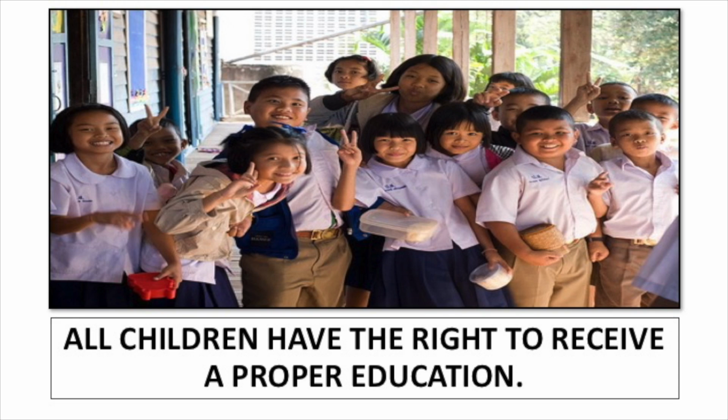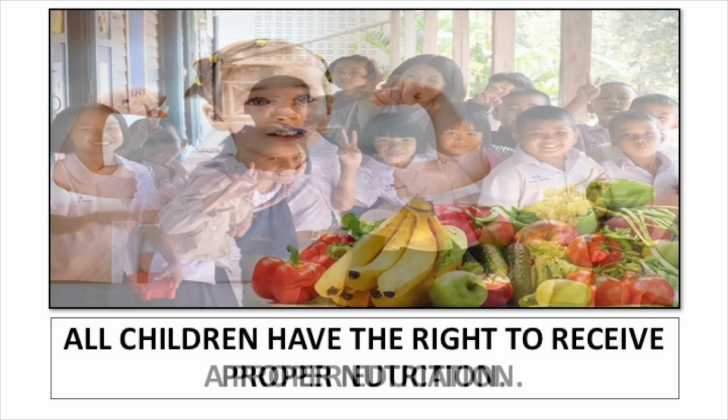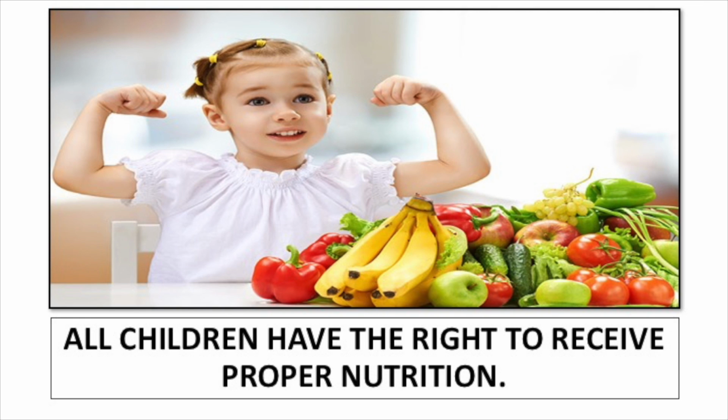You're all at school learning every day, or every weekday anyway, and you're receiving a proper education. All children have the right to receive proper nutrition. So that means in their food they have a balanced, healthy diet. Lots of fruit and lots of vegetables.